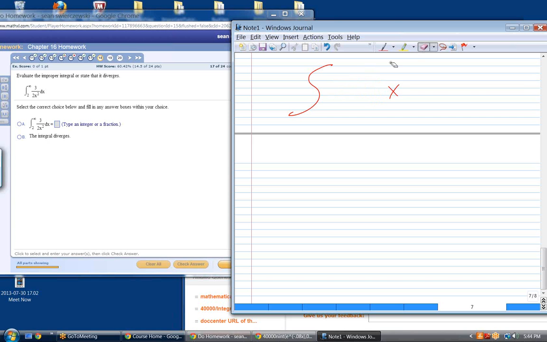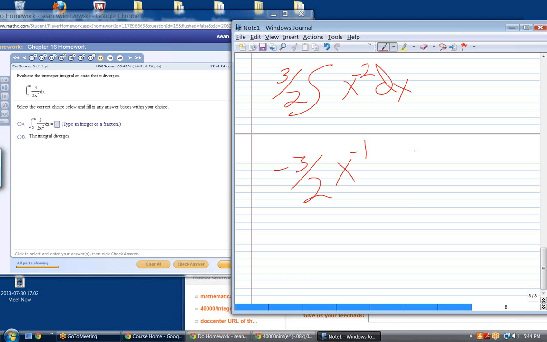I can take the 3/2 out and integrate x to the minus 2 dx. So I get x to the minus 1. So it's negative 3/2 x to the minus 1 evaluated from 2 to infinity.